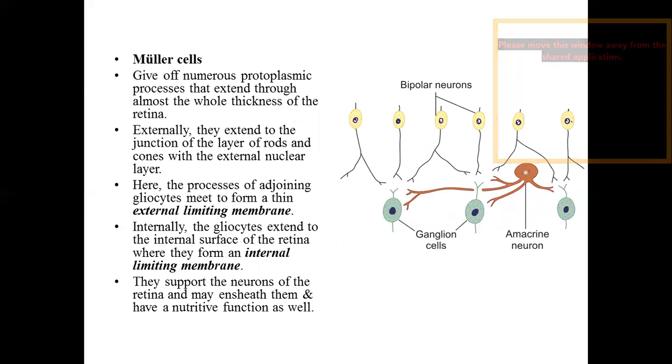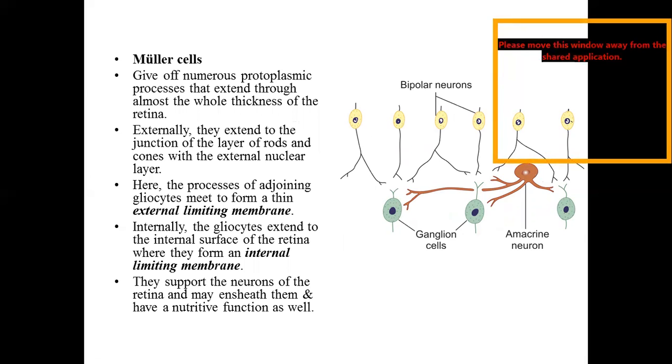So next is the Mueller cells. Now Mueller cells give out processes which extend through the whole thickness of retina. They extend to the junction of layer of rods and cones with external nuclear layer, where the processes of adjoining gliocytes meet to form a thin external limiting membrane.